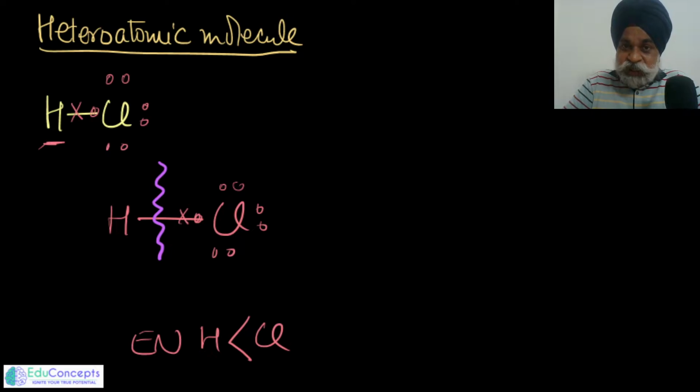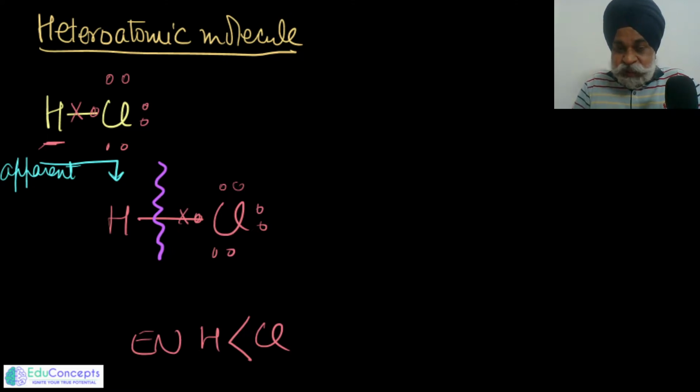Now here the definition actually signifies many things. The apparent charge, I am writing the word here, apparent. Apparent means which supposedly would be there but actually is not there. In totality in HCl there is no charge, but on heterolytic cleavage, if it had broken that way, this would get 1 positive charge, because this particular electron which was of hydrogen is now with the chlorine.